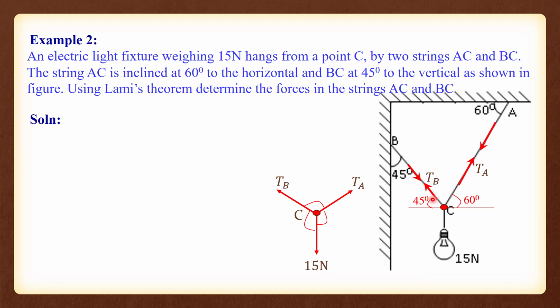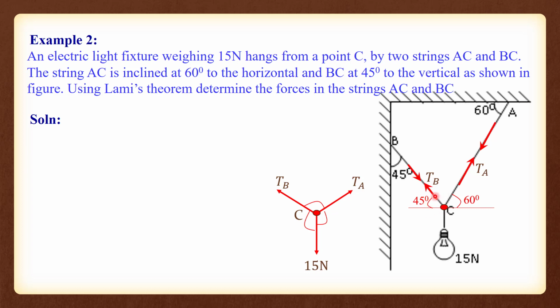So we got this angle as 45 degree and this angle as 60 degree. We know this angle will be 90, and this angle also will be 90, right? So you can find the angle between TA and 15 Newton. That will be 90 plus 60. The angle between TB and 15 Newton will be equal to 90 plus 45 degree.